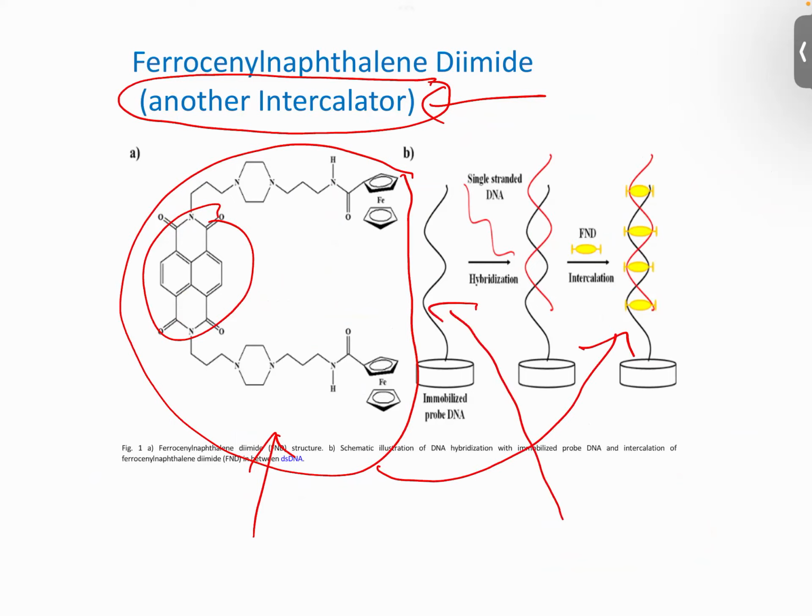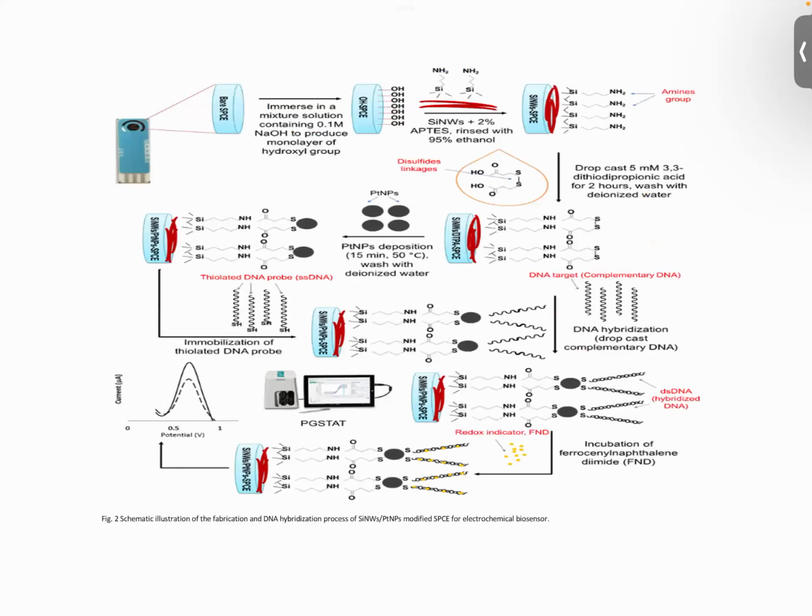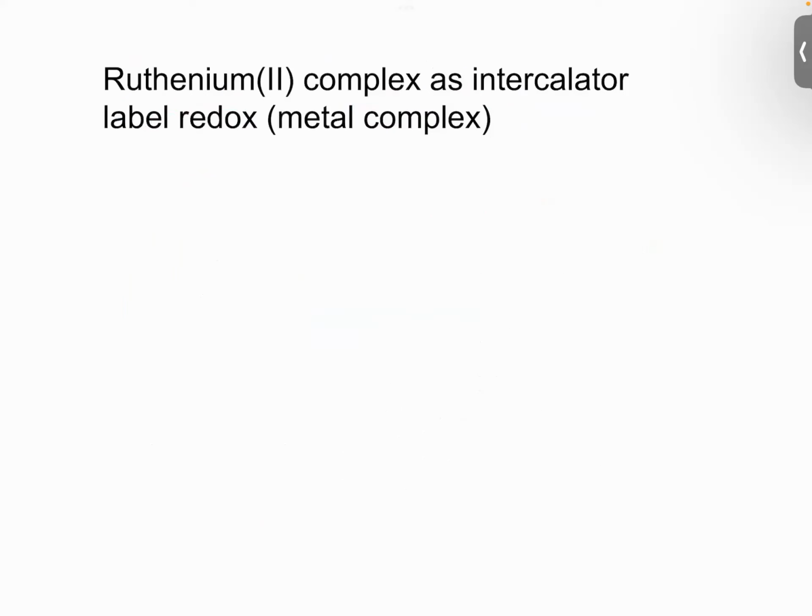So that's why we need to design the intercalator or hybridization indicator to be selective. For me as an analytical chemist, we don't do that; usually it's for the organic chemist or synthesis.